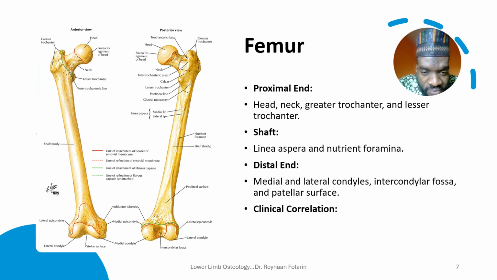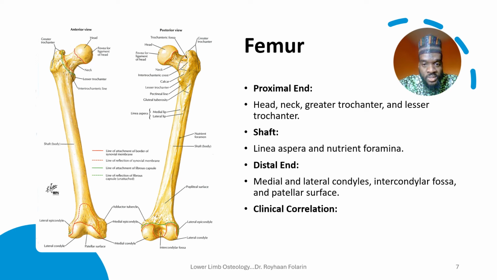You also have this nutrient foramen, which is an opening that allows for the passage of blood vessels in and out of the bone, which contributes to the nourishment of the bone and its structural stability.